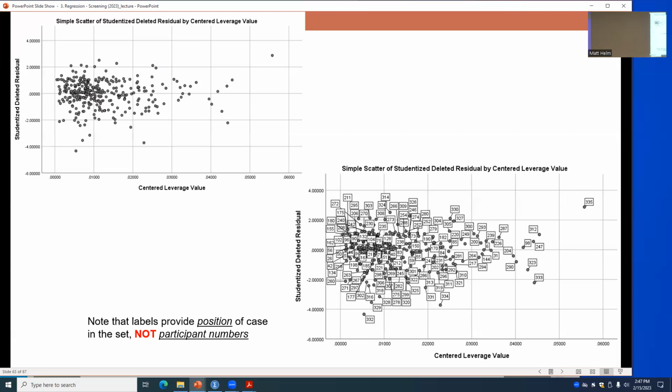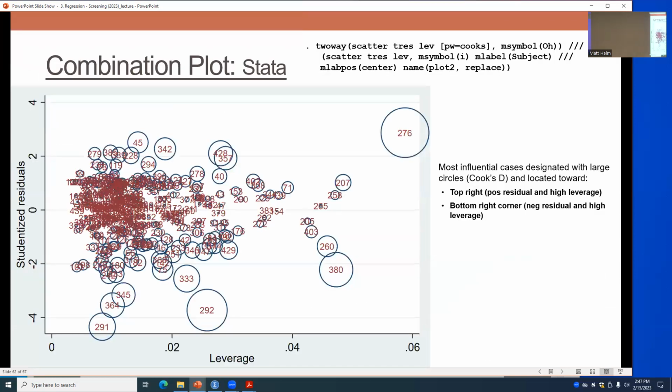So just know what you're looking at with this stuff. But it's a way to flag cases so I don't have to comb through and continually sort my variables to figure out what this case is. Well, this is the case in position 335 in my current set. So before I sort anything, I look, okay, 335, what is it going to be? 276. ID number 276.